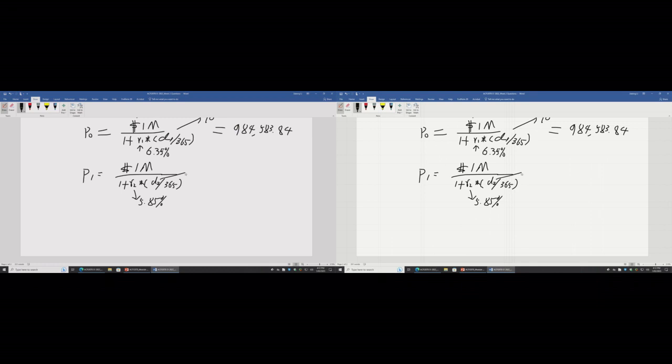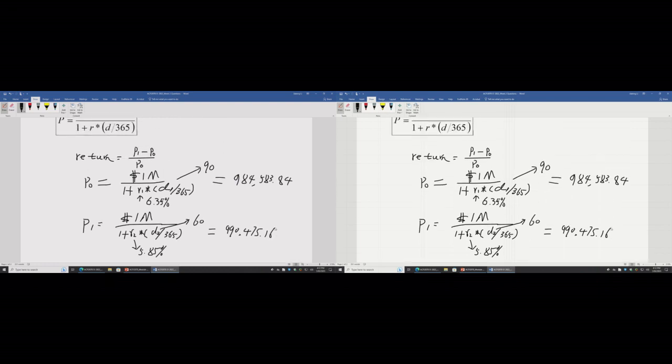So D2 will be 60. That will be 994,751.6. All right, so that's the price at day 30.